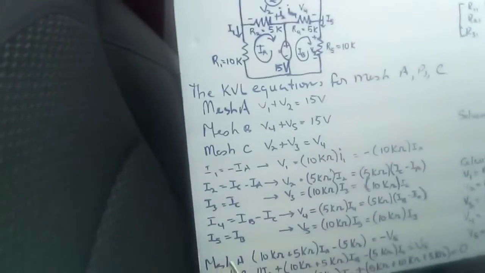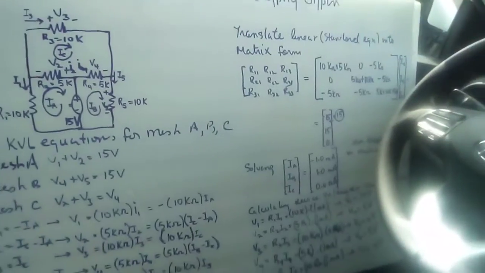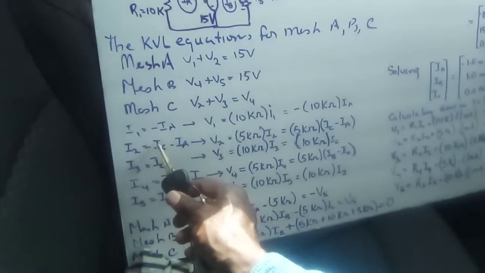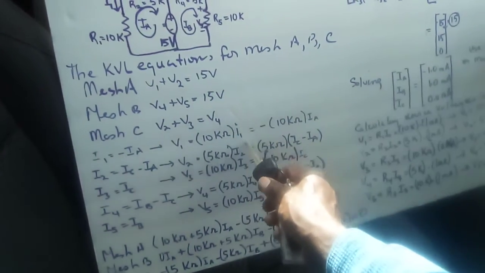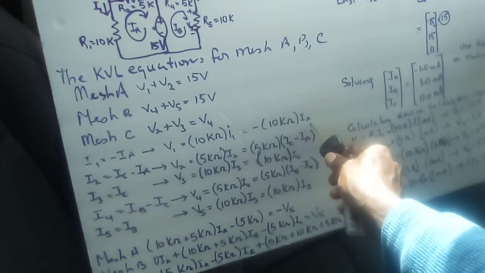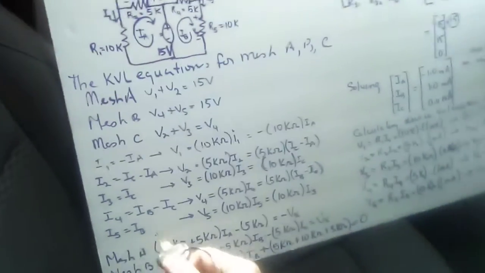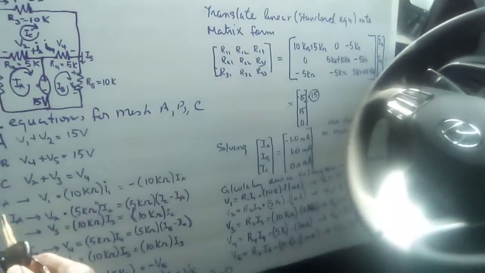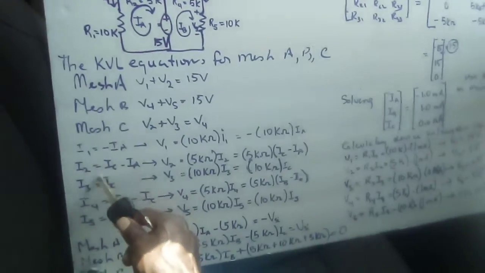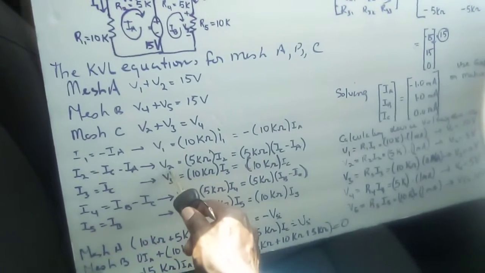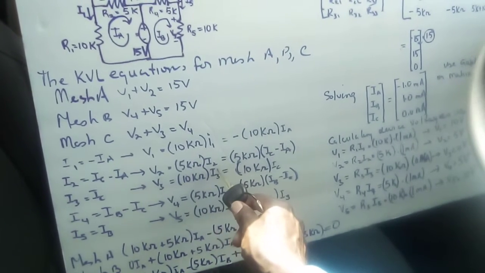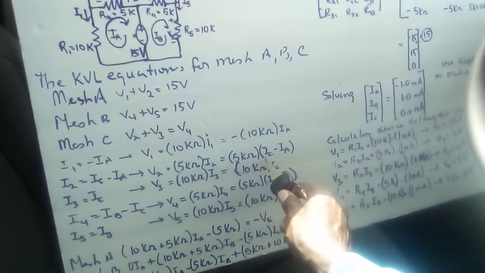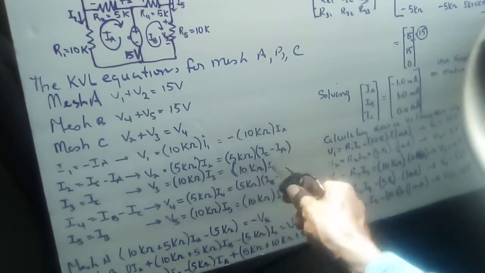So you have I1 equal to minus IA, and V1 is equal to 10 kilo ohms times I1, equal to minus 10 kilo ohms times IA. And I2 is equal to IC minus IA, and V2 equal to 5 kilo ohms times I2, equal to 5 kilo ohms times IC minus IA.